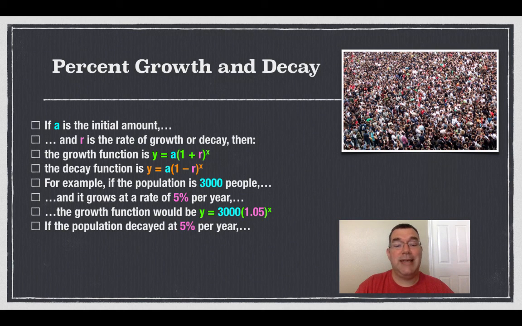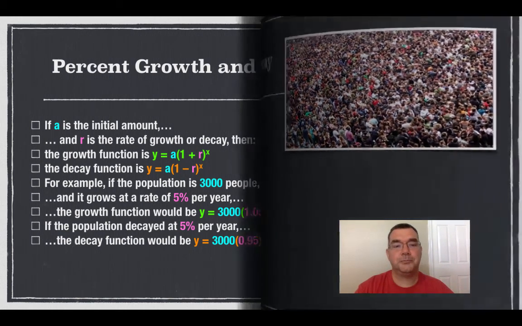If the population decayed at 5% per year, then I would still start off with 3,000, that's my A, but then inside the parentheses I've got 1 minus 5%, which is 1 minus 0.05, that's 0.95. And you'll notice that in the green function, 1.05 is bigger than 1, and 0.95 is between 0 and 1, so I've got them labeled correctly. 1.05 is for the growth, and 0.95 is for the decay.